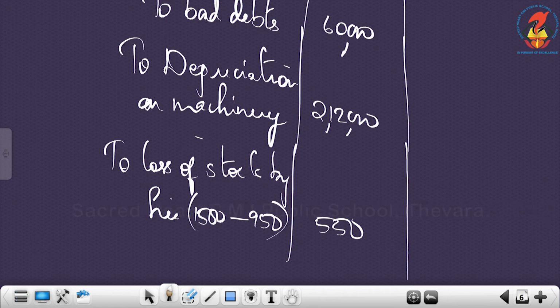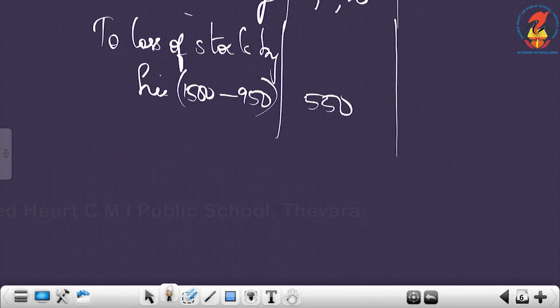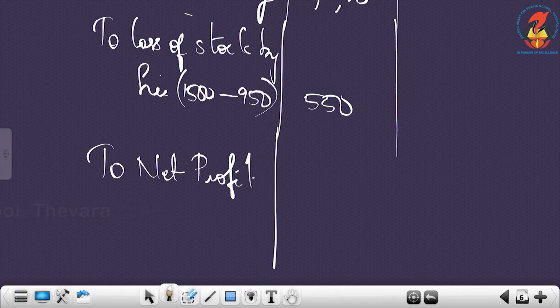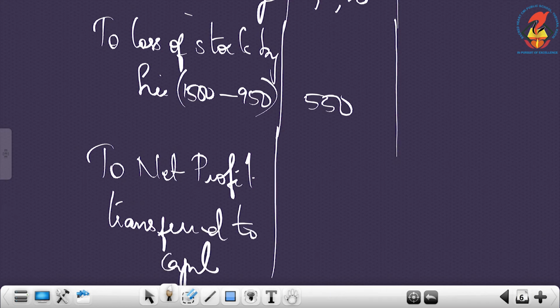So we have recorded all items in P&L, compute the balancing figure. Here we are getting a net profit. So to net profit transferred to capital account 6,47,950.